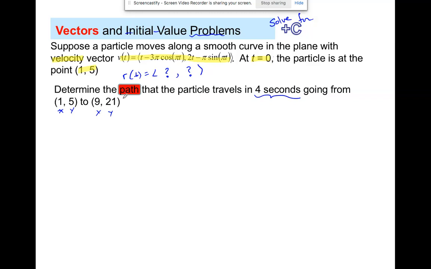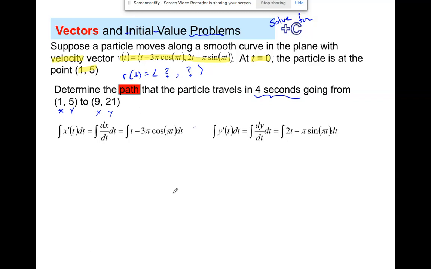So if they gave me velocity, how do I go from velocity to position? Integrate, right? So I'm going to integrate velocity in the x direction to get position, r of t in the x direction.